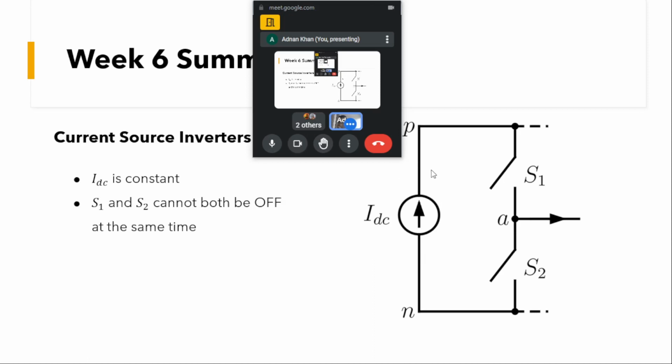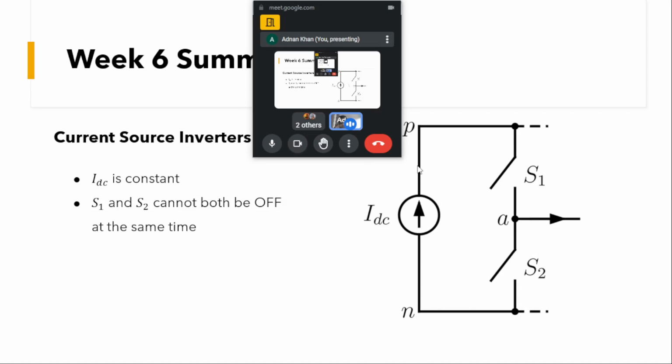In a similar fashion to the voltage source inverter, we have a current source inverter, where our source is a current source, and we have a switching network, one leg of switches with S1 and S2, where S1 is connected to the P point and the bottom of S2 is connected to the N point.